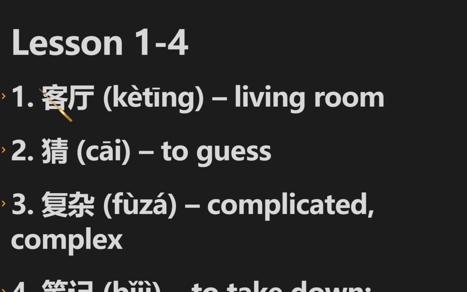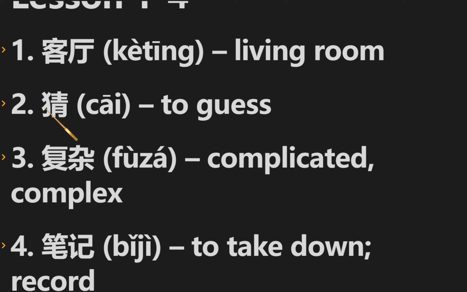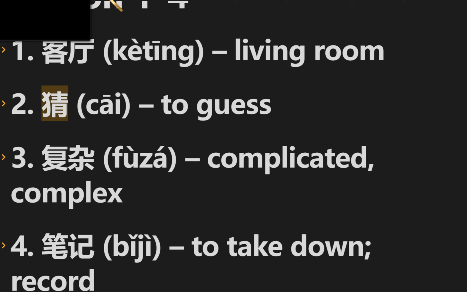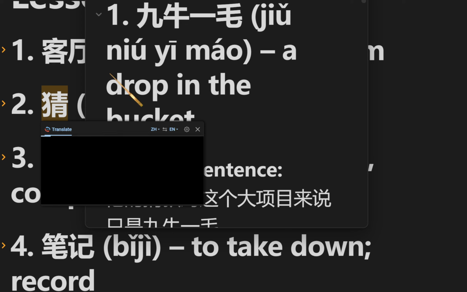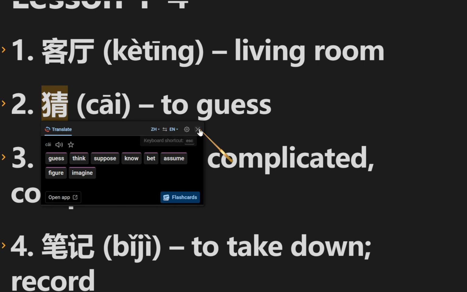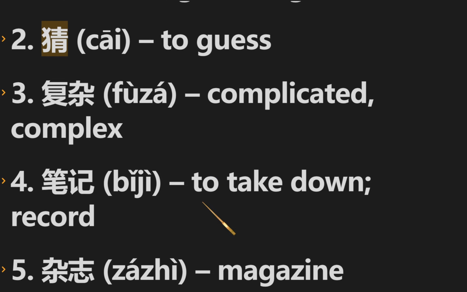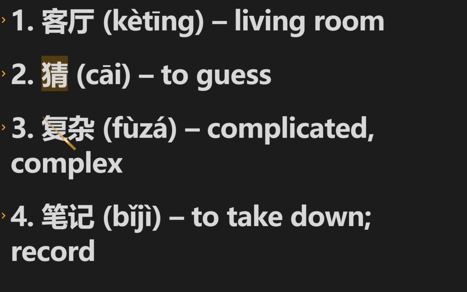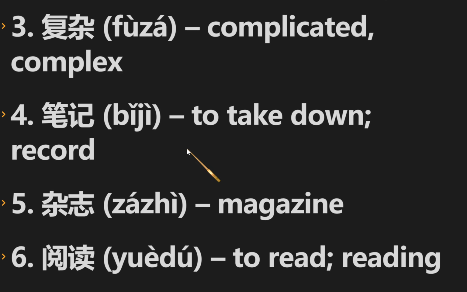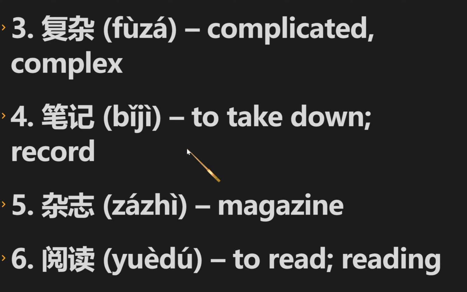客厅, living room. 猜, to guess, but also to assume something, to think, to suppose, imagine. 复杂, complicated, complex, for example a question or some task. 笔记, to take down, to record something.